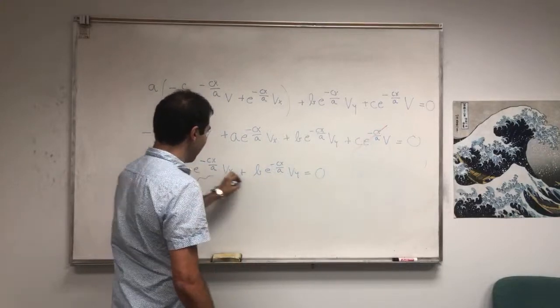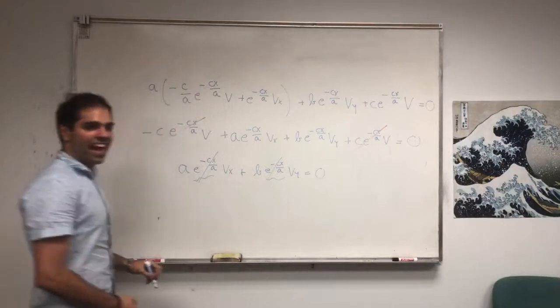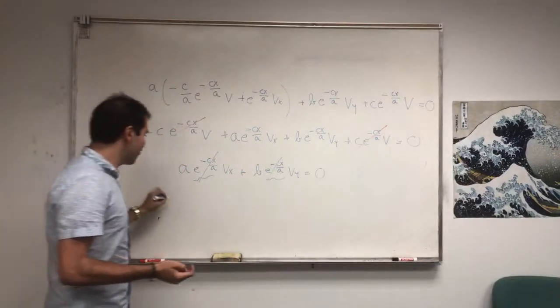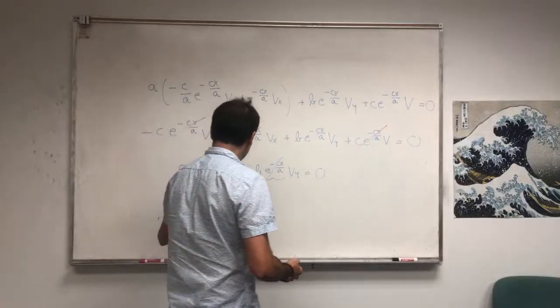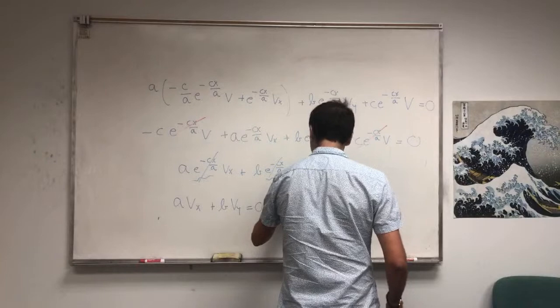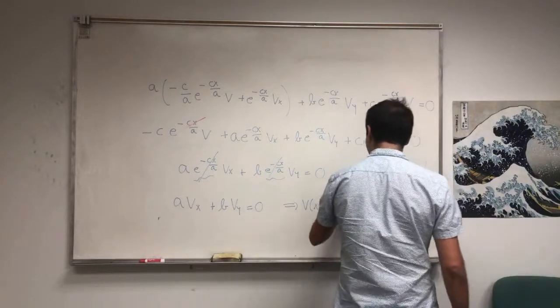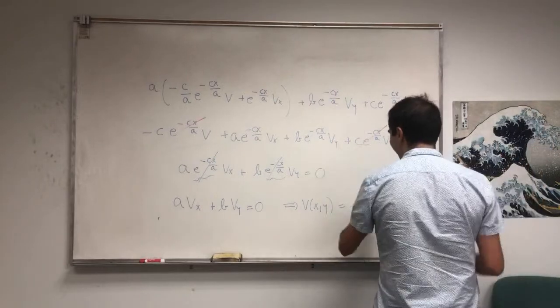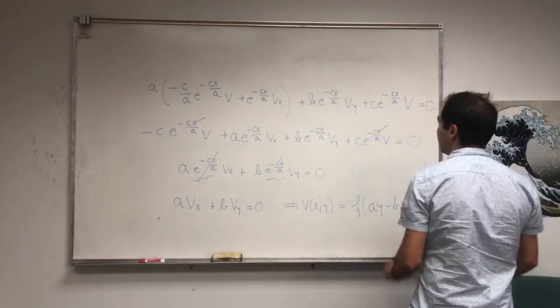And not only that, we have this common factor, which we can just cancel out, and we're left with, how beautiful is that, a v_x plus b v_y equals 0. So v of x, y is some f of ay minus bx.